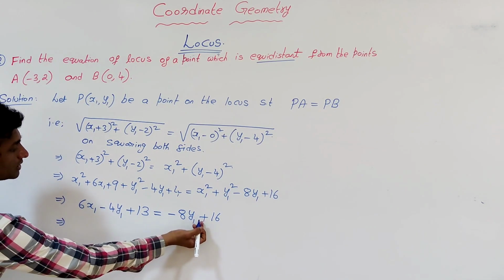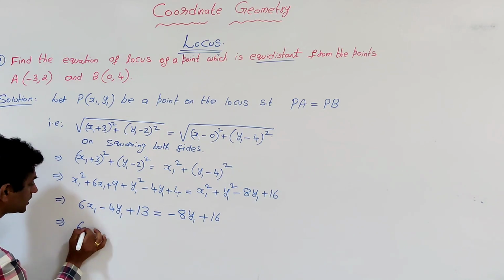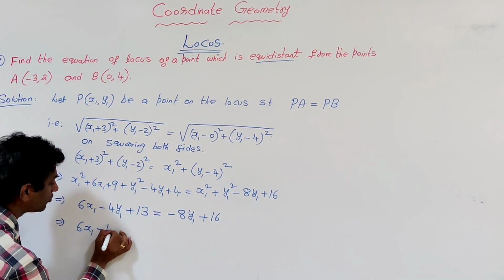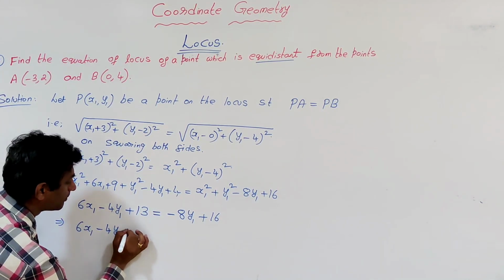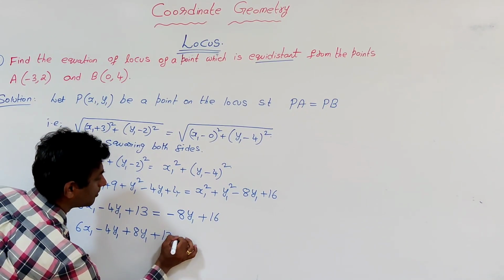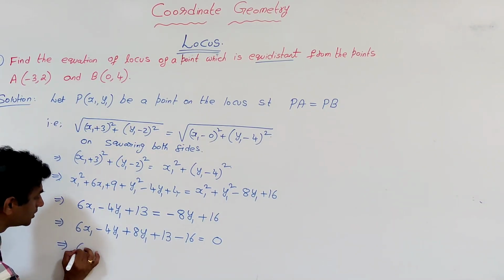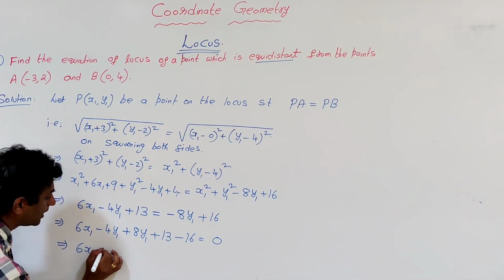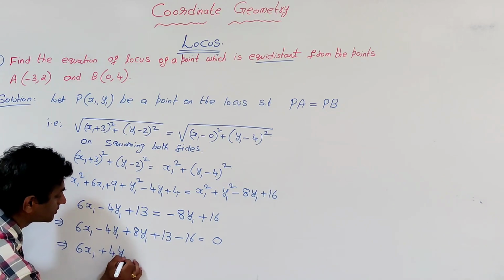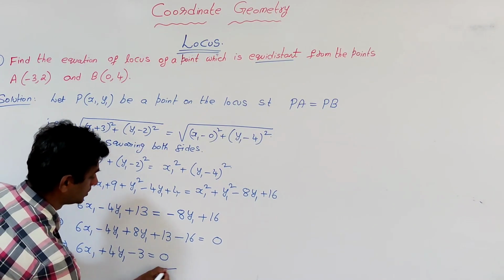So bring all the terms from the right-hand side to the left side: 6x1 minus 4y1 plus 8y1 plus 13 minus 16 is equal to 0. So that is 6x1 plus 4y1 minus 3 is equal to 0.